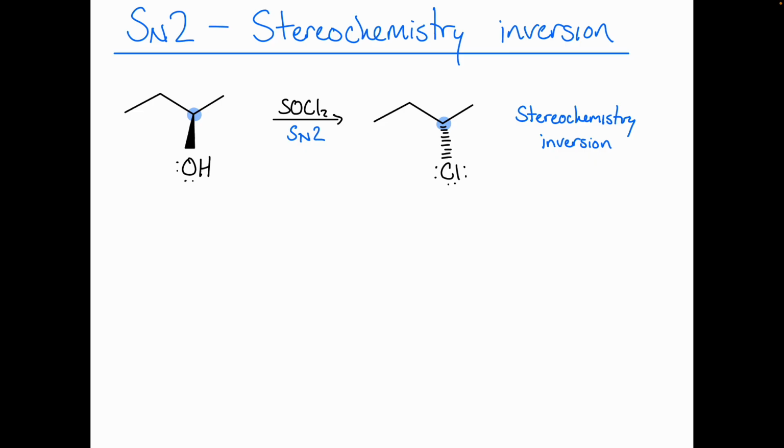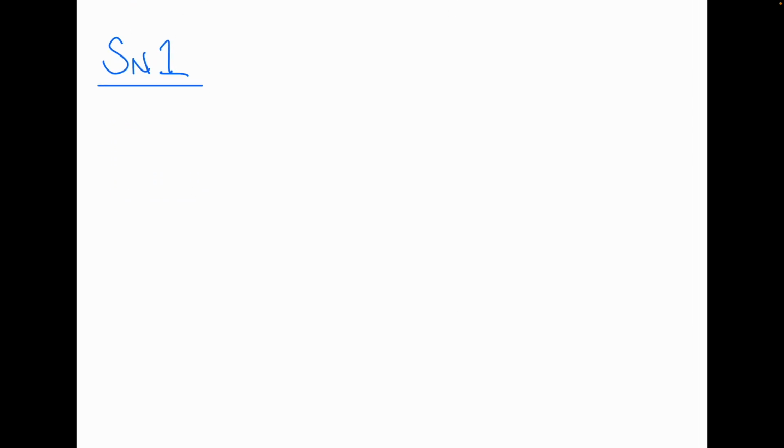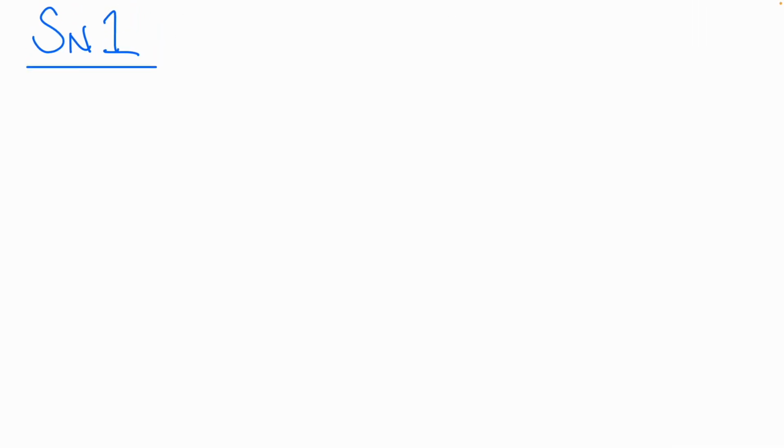So then what about these SN1 reactions? All right. Previously, our alcohol that we were looking at didn't have any stereocenters, so let's pick a stereospecific alcohol to look at. It's going to be a stereospecific tertiary alcohol.